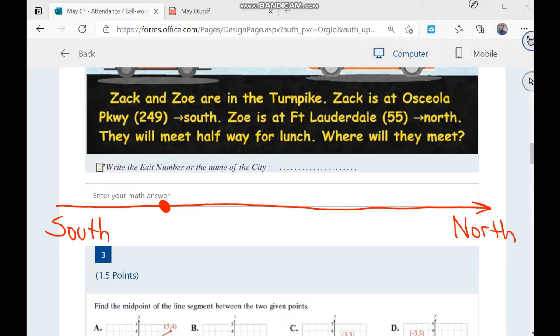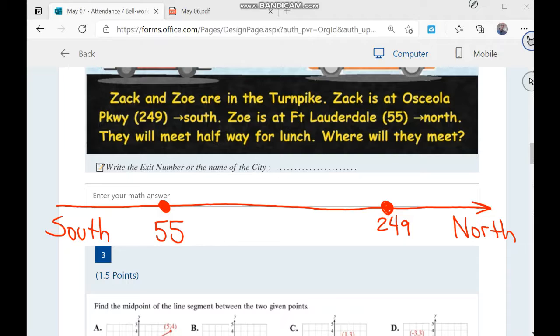ZO is at mile 55, and this is the same thing as the coordinates on the x-axis. The number is the mileage, so mile 55 is here, and mile 249 is over there. Zach is there.